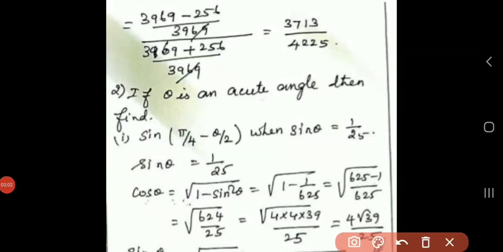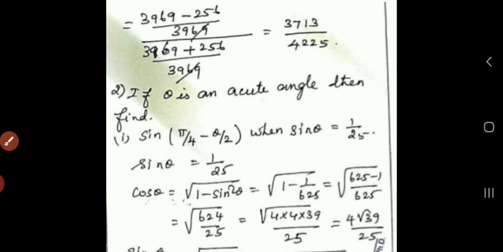If you take LCM, (3969 minus 256)/3969 at the numerator, and at the denominator the same thing with the plus symbol. Then we can cancel 3969 and 3969, so that we got 3713 at the numerator and 4225 at the denominator.